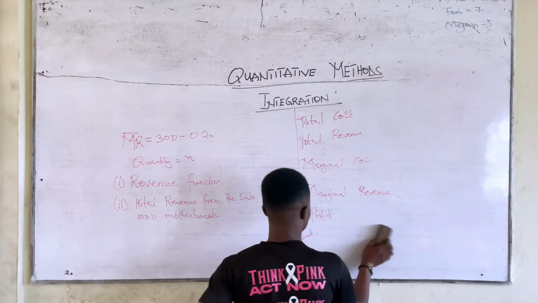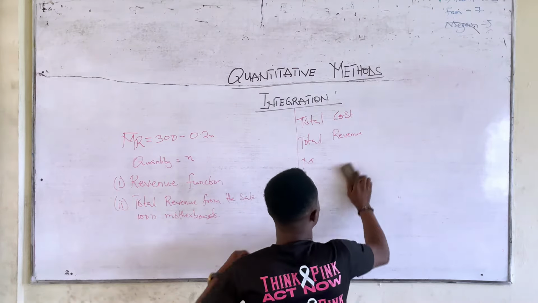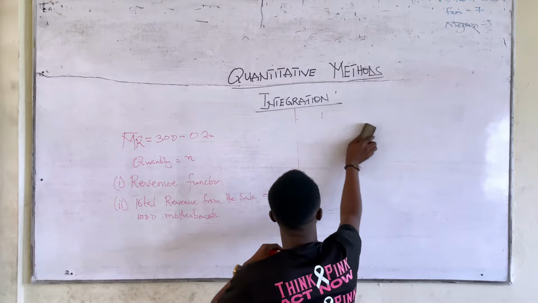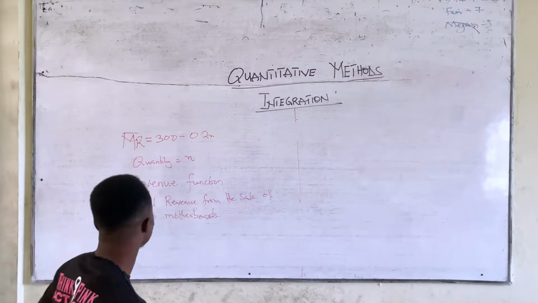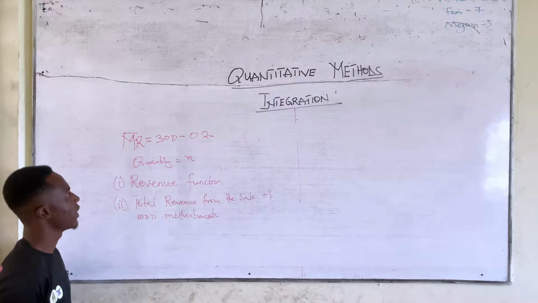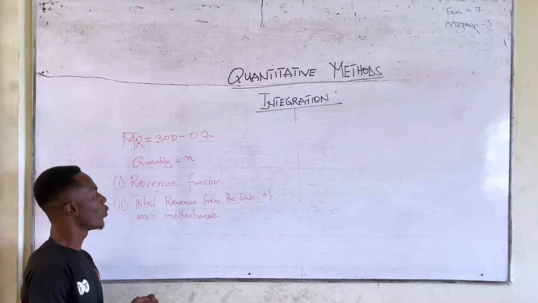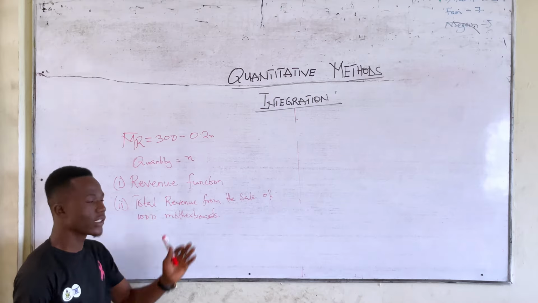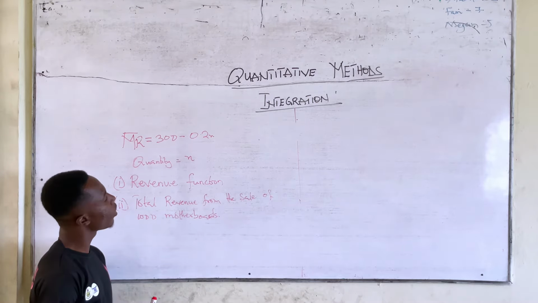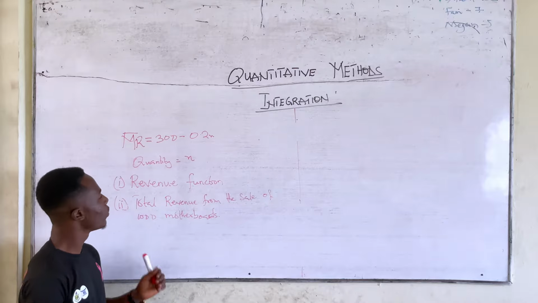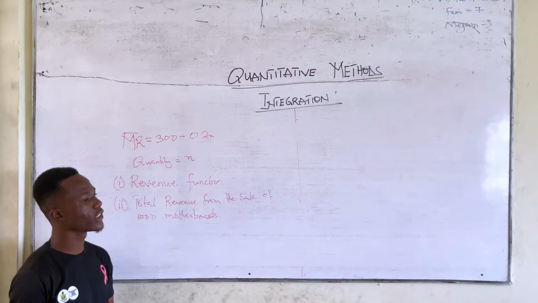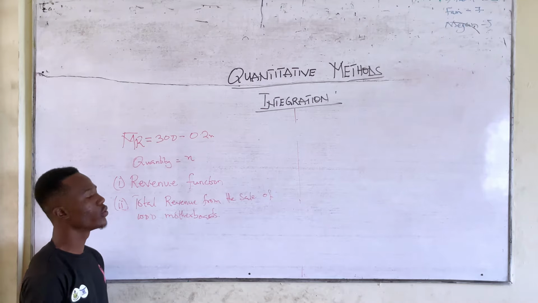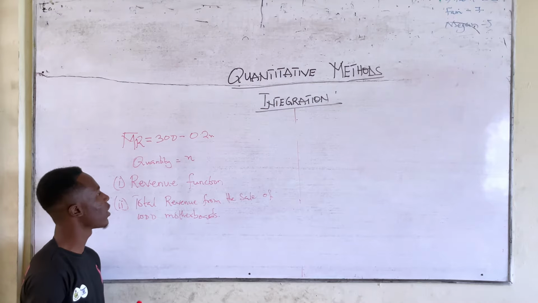Let's see how to calculate for this. Okay, so the first question, we have to solve for the revenue function. Do you get it? In our previous lesson, we realized the revenue function is always given, and you'll be asked to calculate the marginal revenue.